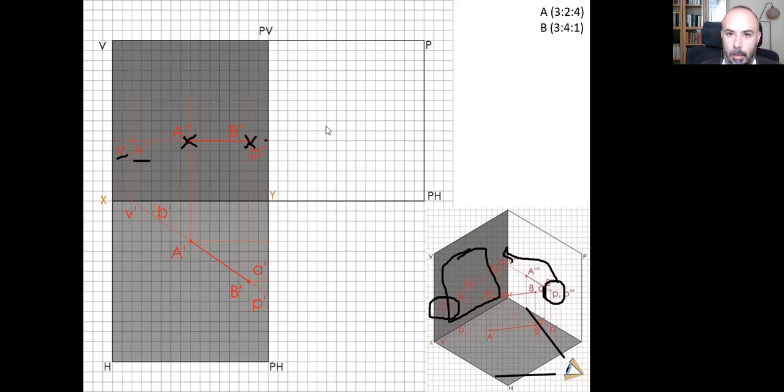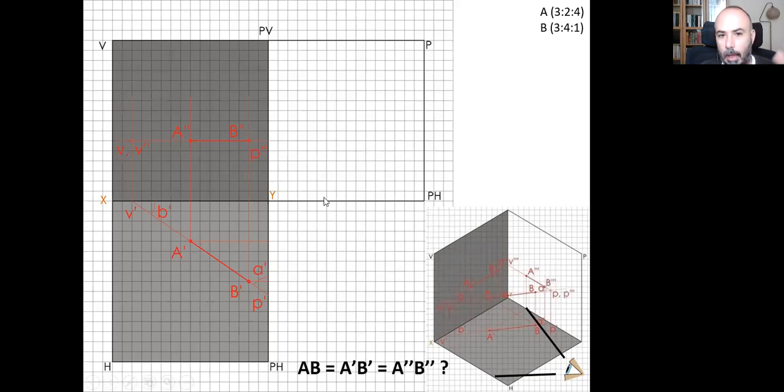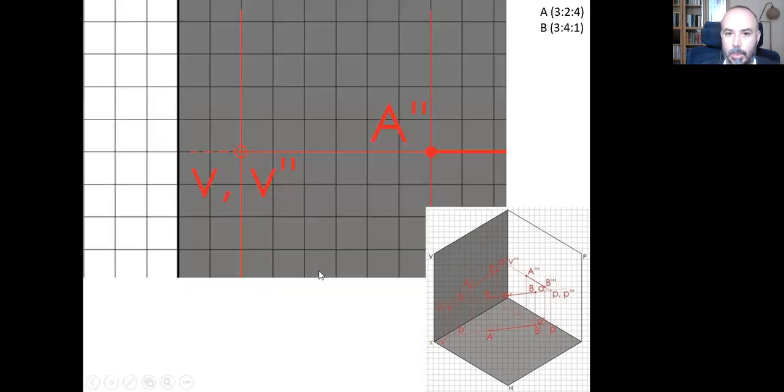I am going to clear the drawing now. And here, I cannot say that AB is equal to A double prime B double prime. It is smaller than its actual length because of its position.